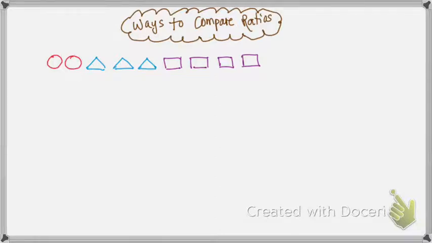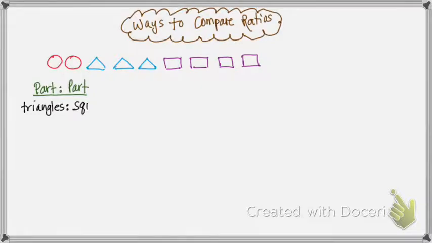Okay, now there's 2 ways in general that we can do comparisons, and I'm only going to show you some of them. So one would be part to part. Part to part would be saying something like, hey, can you show me triangles compared to squares?